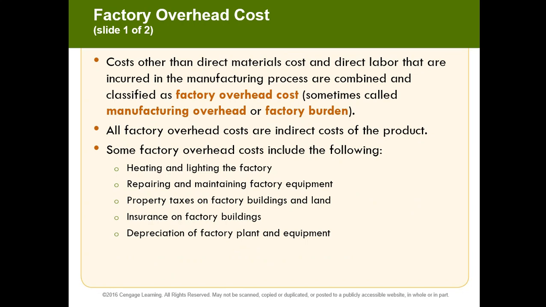And anything else, repairing and maintaining the factory equipment, insurance on the building, depreciation, utility bills on the factory, if we're paying rent on the factory, all of that goes into getting these products built and finished, but they're not directly traceable to that finished product.